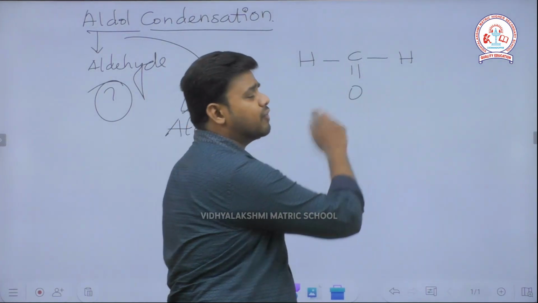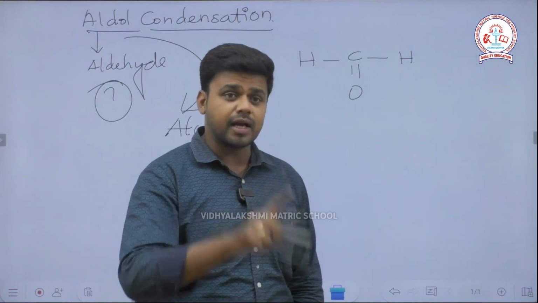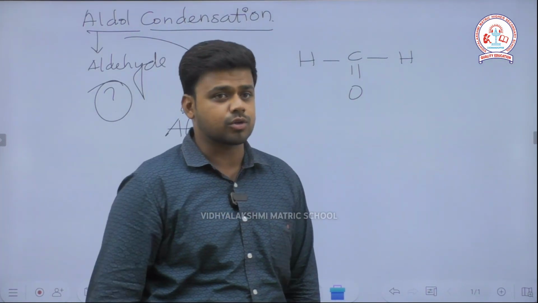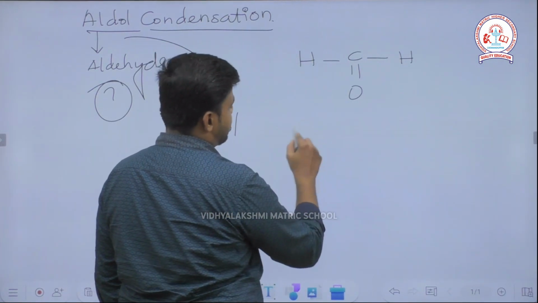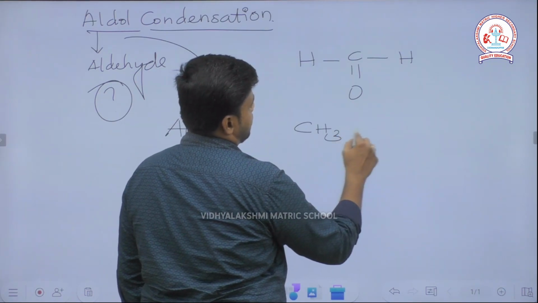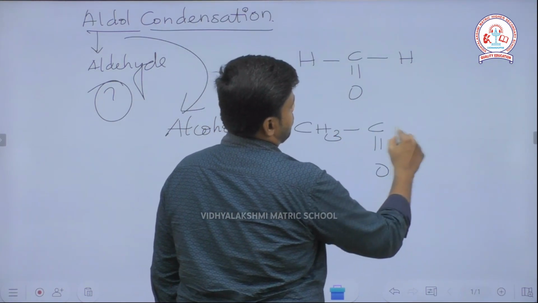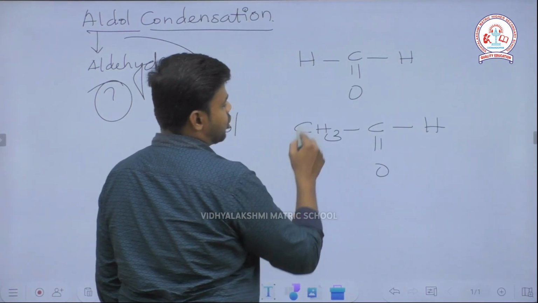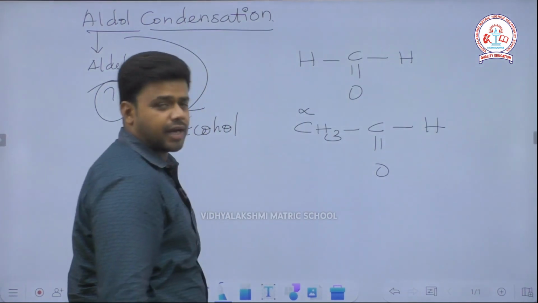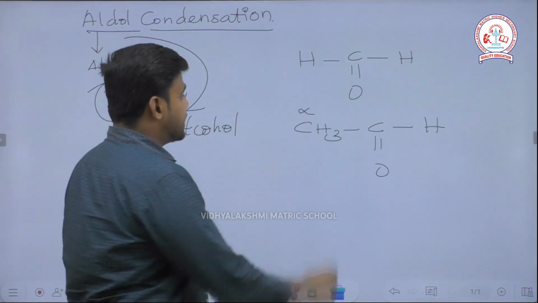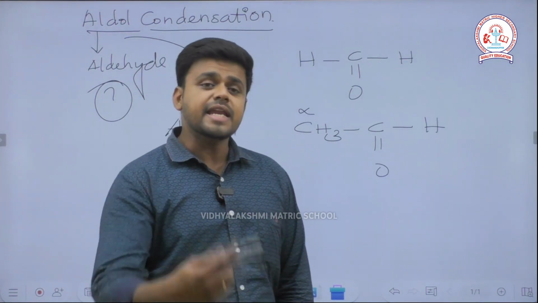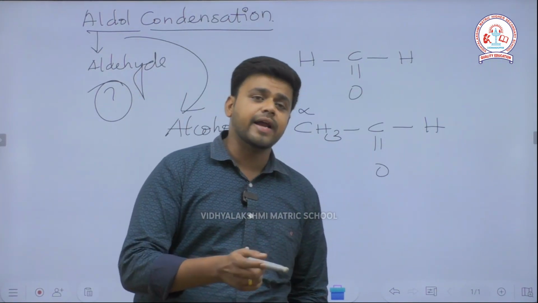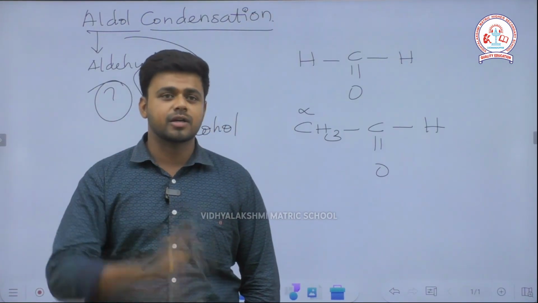We do not have an alpha carbon here because we have only one carbon and that carbon is acting as the functional group. Suppose a hydrogen is replaced by CH3 here, then this is the functional group and this carbon is called an alpha carbon. The hydrogen which is present on the alpha carbon is called an alpha hydrogen. Any aldehyde which has alpha hydrogen will undergo this aldol condensation.